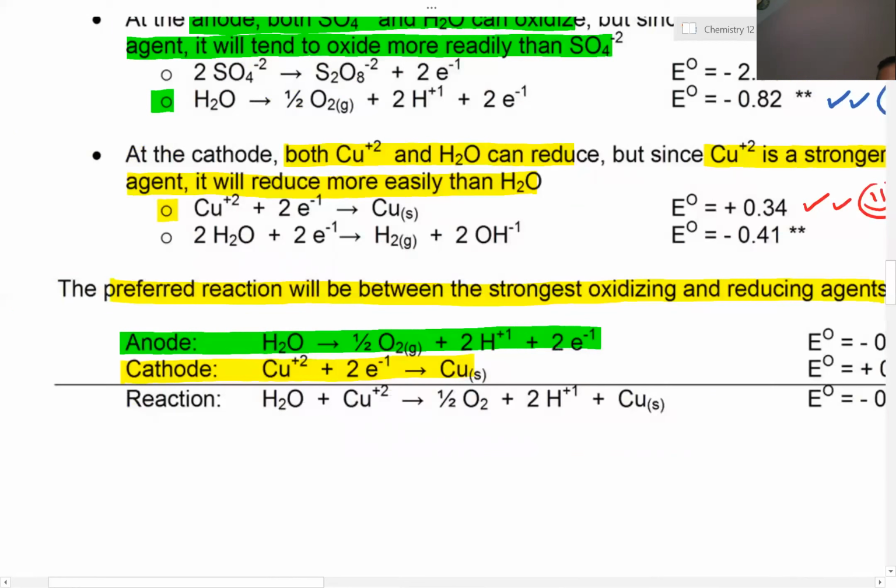You would get oxygen as a product at the anode, so you would get gas bubbles, and here you would get copper at the cathode. So you would actually get solid copper.